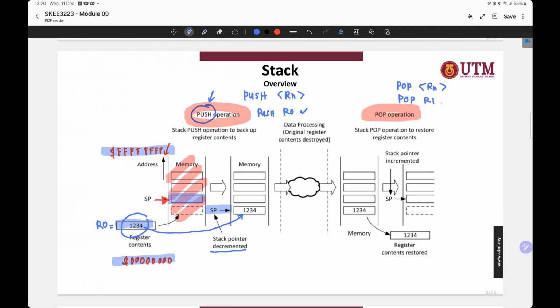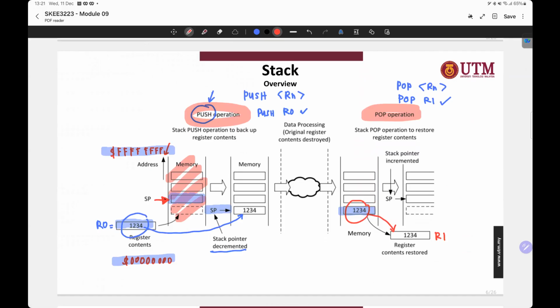So when I execute this line, POP R1, you see here from this memory, this is the data inside the memory. When I use the pop instruction, POP R1, this data 1, 2, 3, 4 will be sent to your R1, your general purpose register.